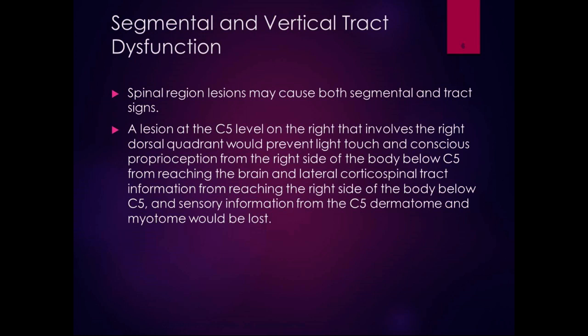So a lesion at the C5 level on the right involving the dorsal quadrant of the spinal cord prevents light touch and conscious proprioception from the right side of the body below the level of the lesion, below C5, from reaching the brain, and prevents the lateral corticospinal tract information from reaching the right side of the body below C5. And sensory information from the C5 dermatome and myotome would be lost.